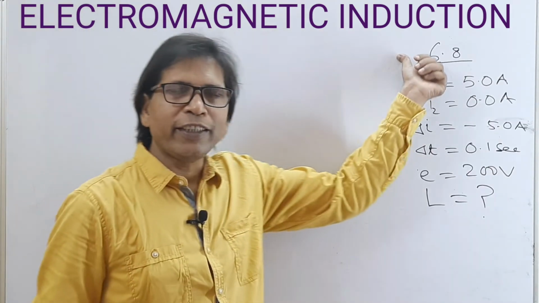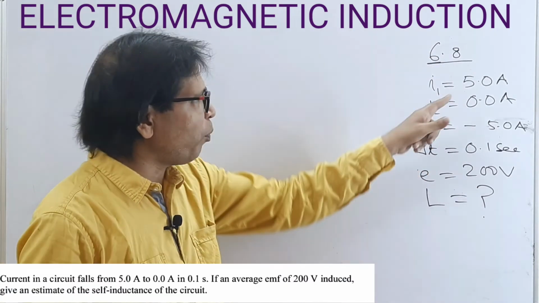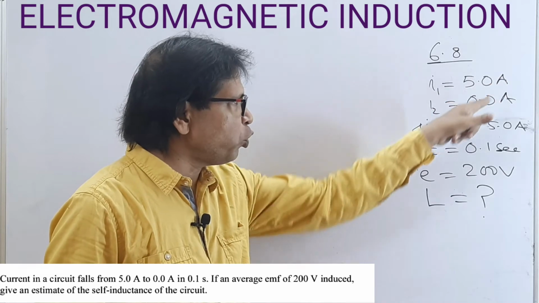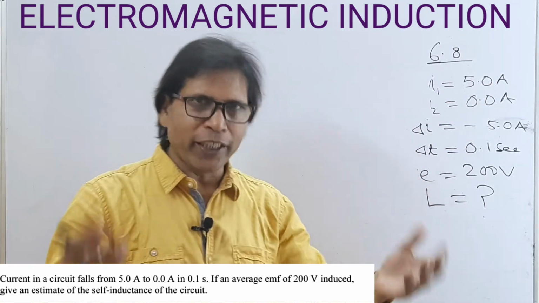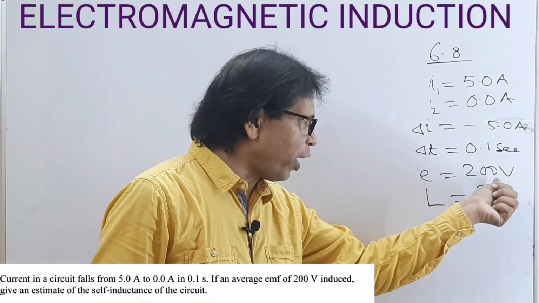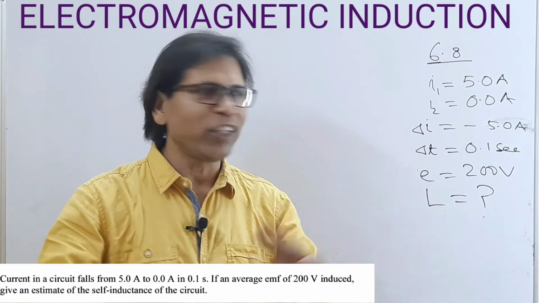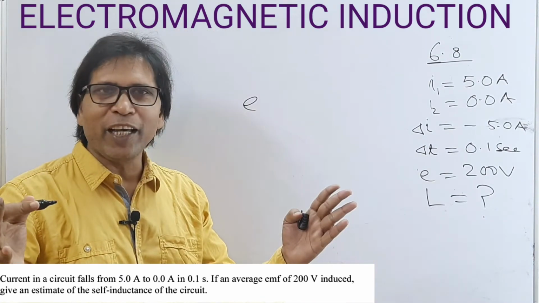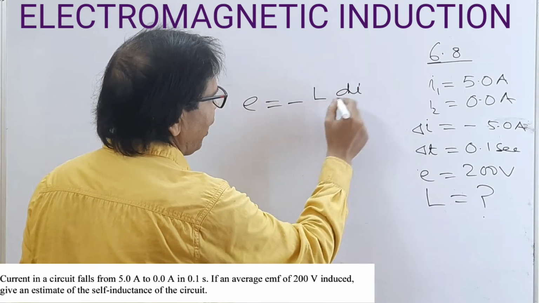Now 6.8. The current in a coil decreases from 5.0 ampere to 0 ampere in 0.1 second. Due to this, the induced EMF is 200 volt. We have to calculate the self-inductance. We know the induced EMF E equals minus L di by dt.